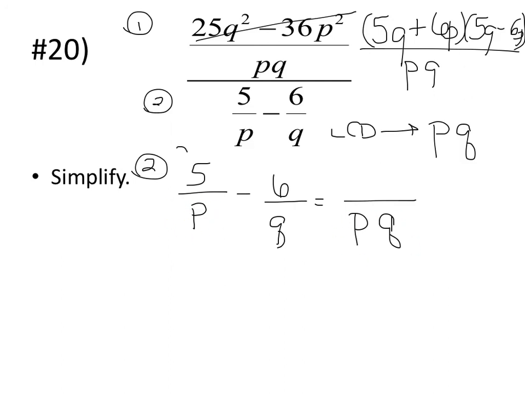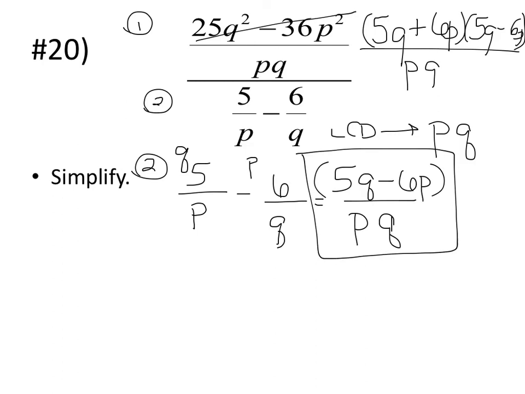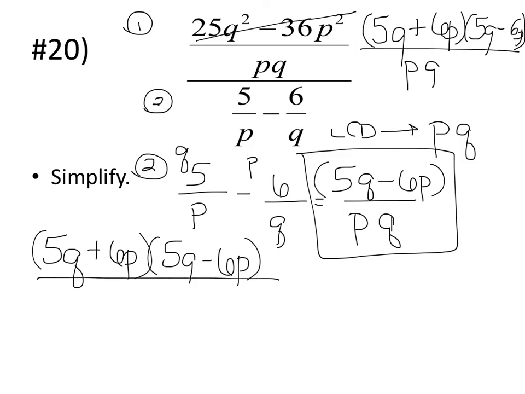Just a q. What's missing from this denominator that this one has? Just a p. So this becomes 5q minus 6p. That's my new denominator. So I'm going to rewrite it. So I have 5q plus 6p times 5q minus 6p all over pq.